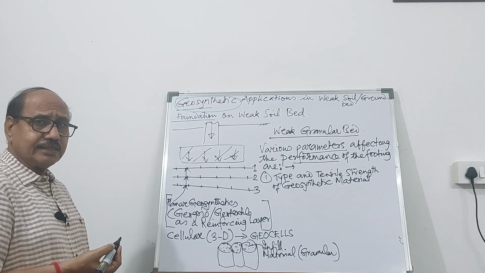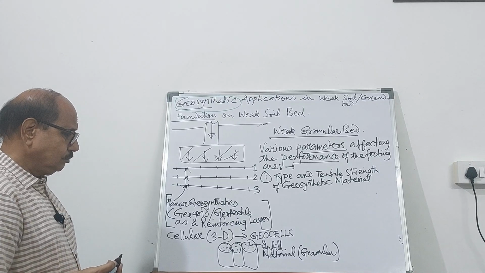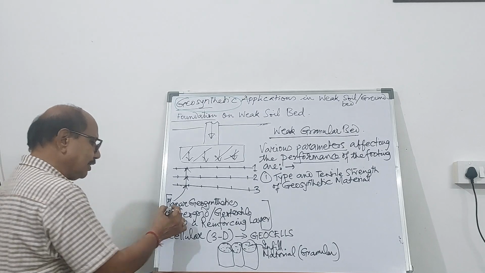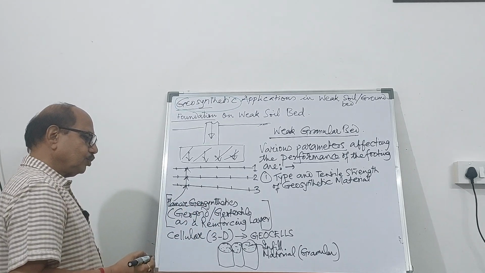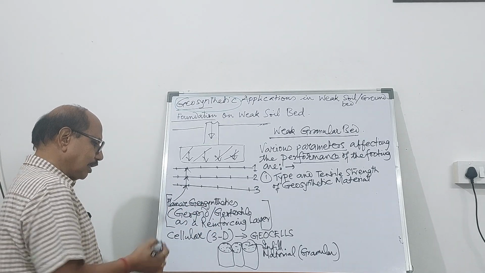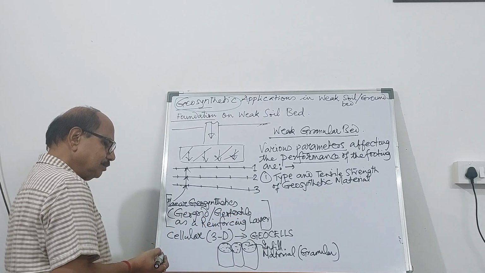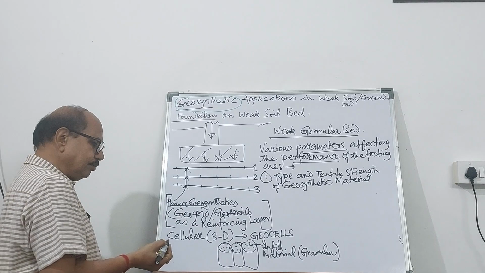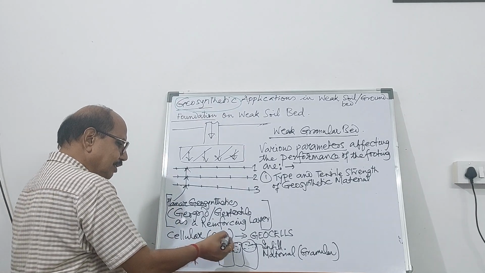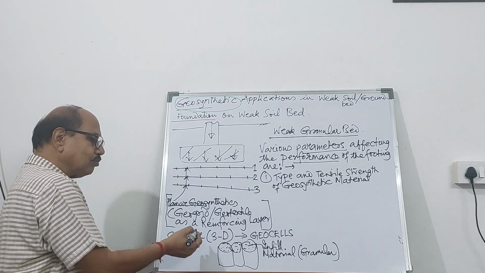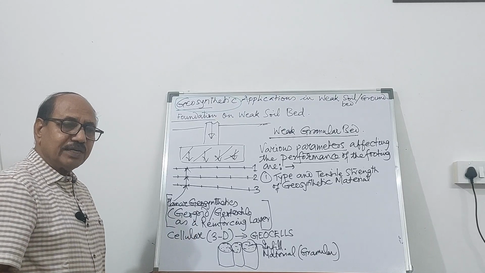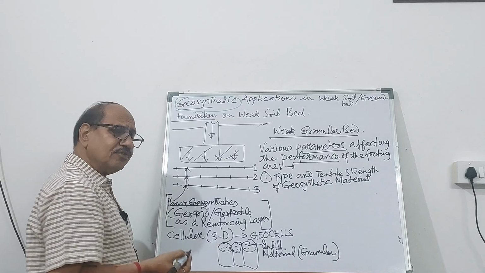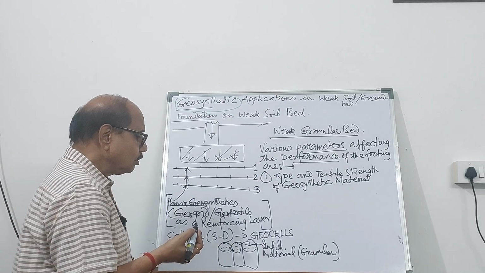That is the infill material. So either you can have planar geosynthetics, such as geogrid, geotextile, as the reinforcing layer, as shown in this diagram, or you can have 3D cellular materials such as geocells. I've already explained what a geocell is.